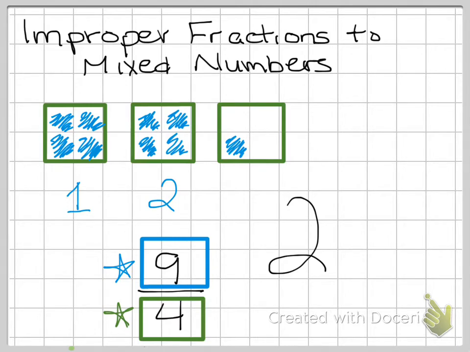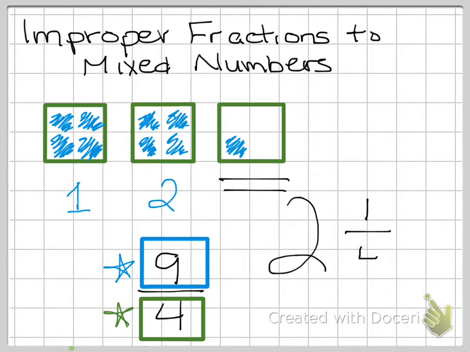And then I'm going to look over to this box right here. Just looking at this box visually, this box is telling me that I have 1 in my numerator because 1 blue box is shaded in.